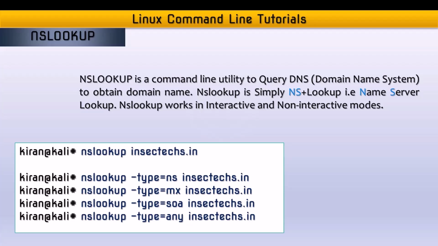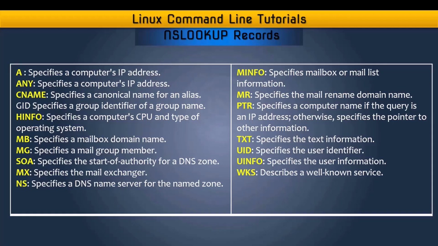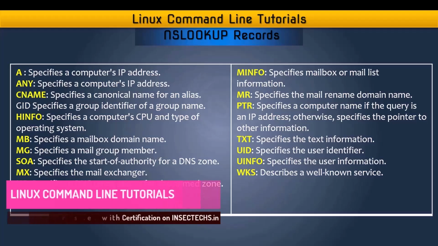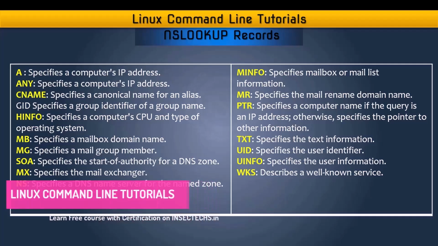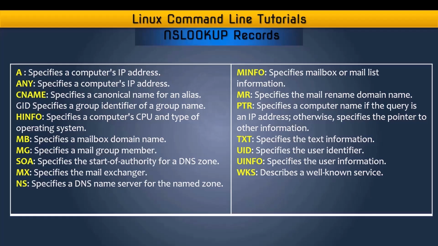A DNS server keeps the information of domain names record-wise. It means there are some records of a particular domain that the DNS server creates and keeps. There are different types of records, like you can see in the slide. A record specifies the computer's IP address, and ANY specifies again computer IP addresses. CNAME, that is canonical name, and HINFO, MB.